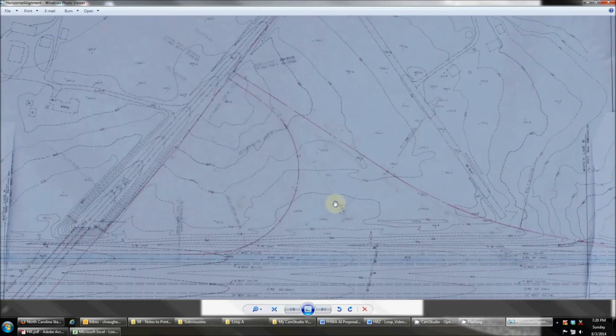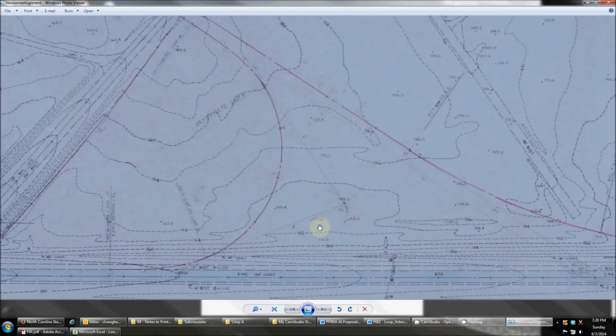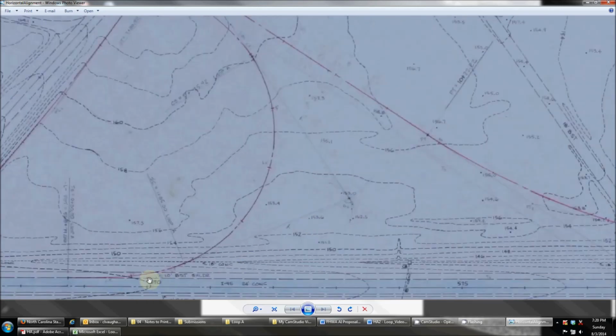Again, extend it as far as you like, but what you want in the end is the first line you drew from the first PI and then the line from the second PI to intersect one another. So draw them out as far as you'd like, but you want them to intersect, and you want to mark that point. Now, if you want to double check and make sure that that point is marked correctly, which is suggested before you get any farther, before you draw this in red or anything like that.